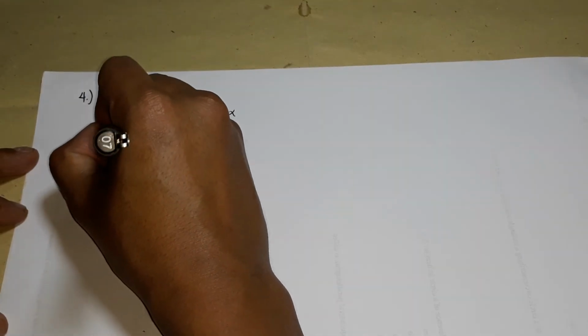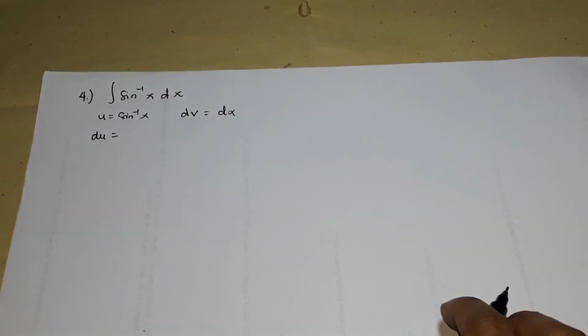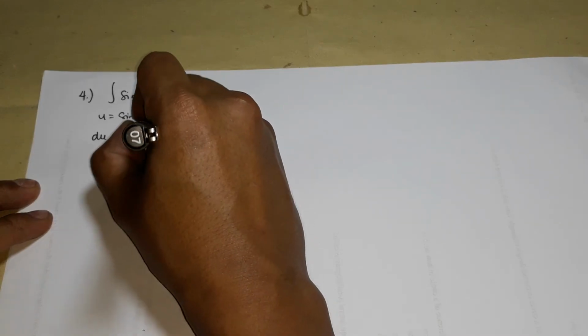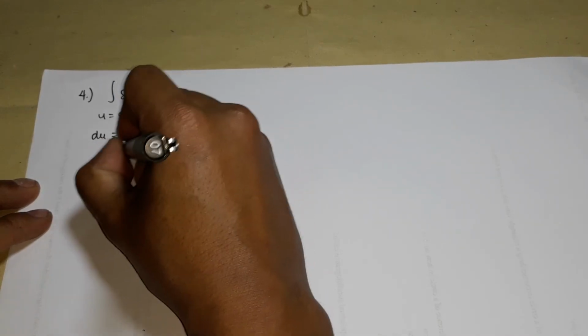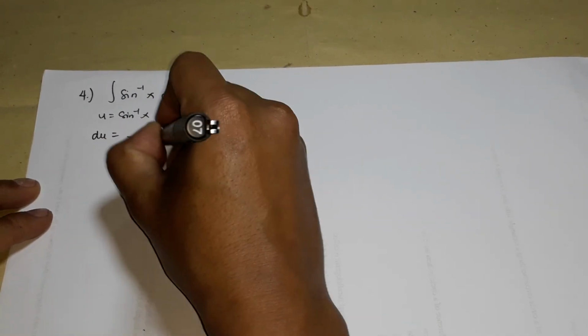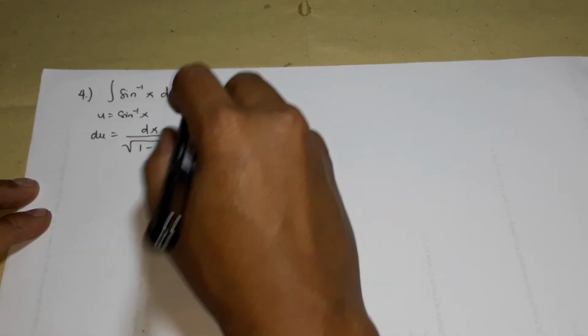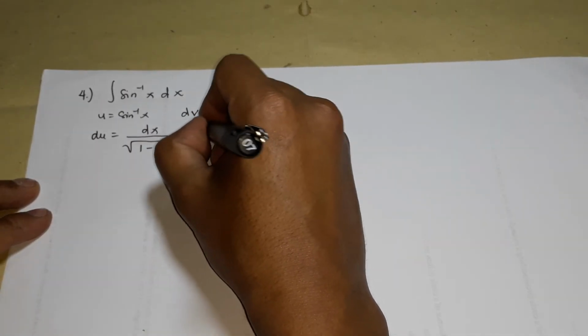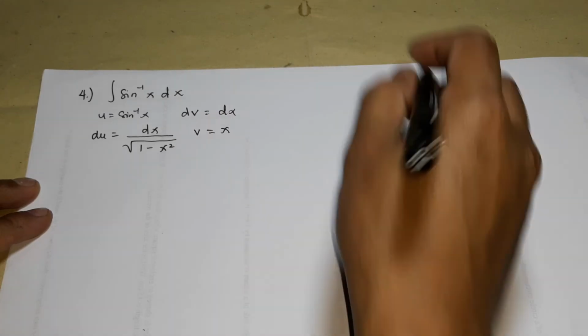So we need to differentiate arc sine x. Again, you recall the derivative of inverse sine is dx over the square root of 1 minus x squared. And then you integrate dv, so you have v equals x.